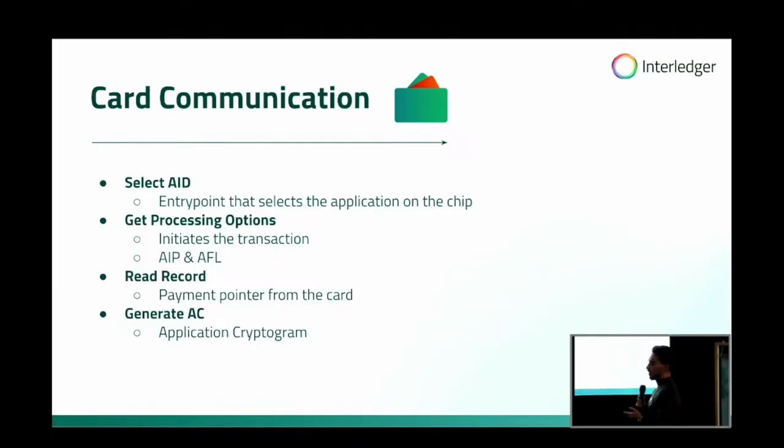After we have the payment pointer, we can generate the application cryptogram, basically having the card sign our transaction. After this point, the card communication is over, and we have all the information necessary to reach out to the new Rafiki POS service in order to initiate the transaction. I will now welcome to the stage my two colleagues, Adi and Cosmin, to do a live demonstration.